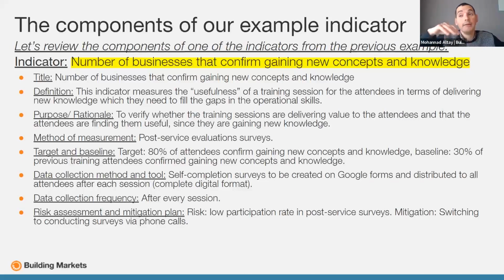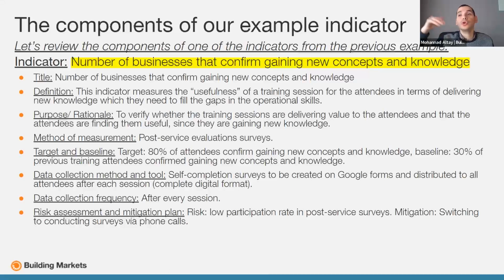So let's say we trained 200 businesses. My target is to make sure that 80% of them say, yes, we learned new knowledge, yes, we learned new concepts. So this is the target, to make sure that every indicator has a specific target.